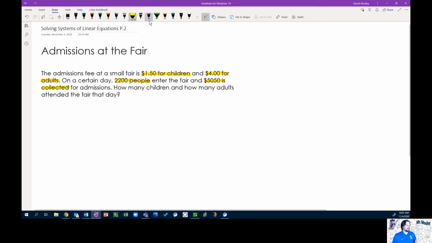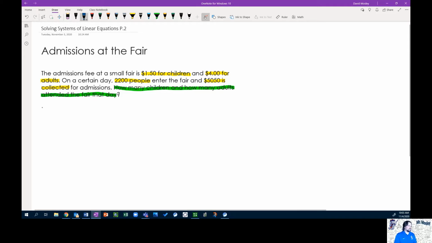In this scenario, the question we're ultimately trying to answer is the last thing here: how many children and how many adults attended the fair? So we're looking for two values, not just one. That gives us two different equations that we can set up.